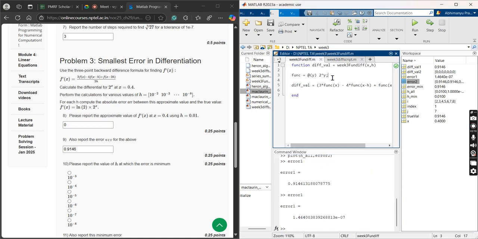Because of error in this, so this should be y. I typed x only.